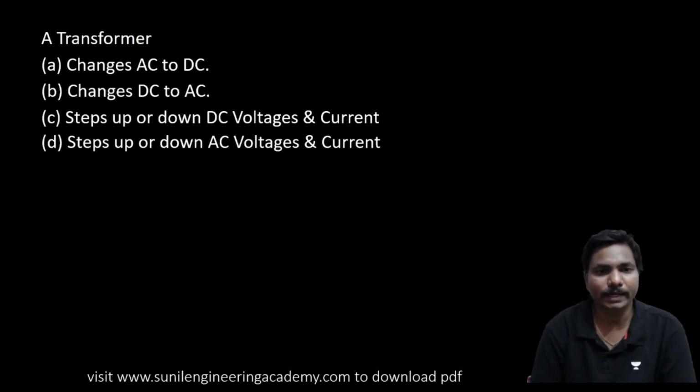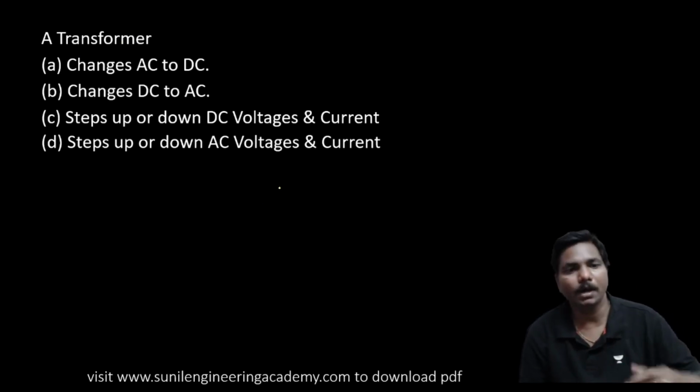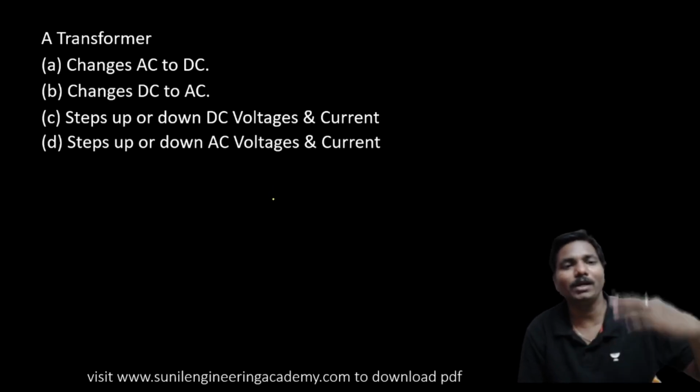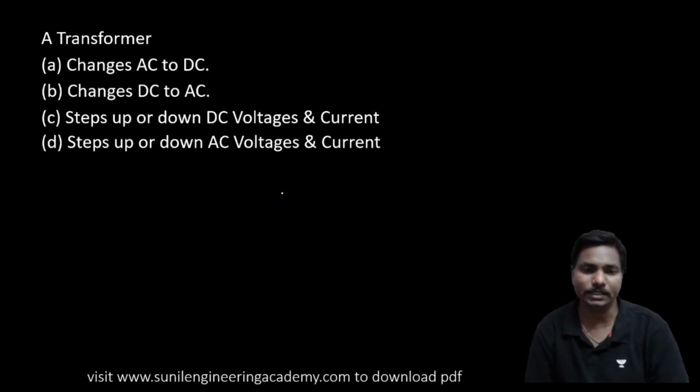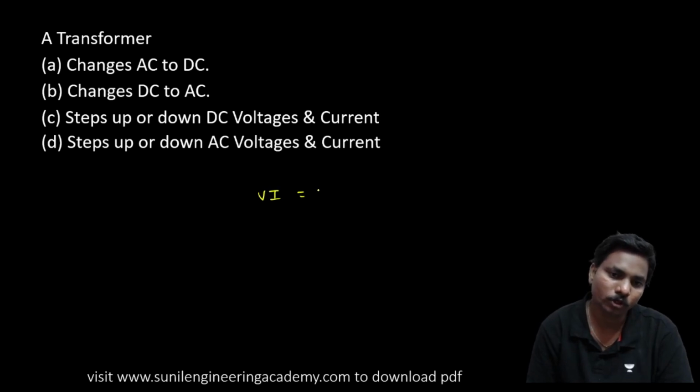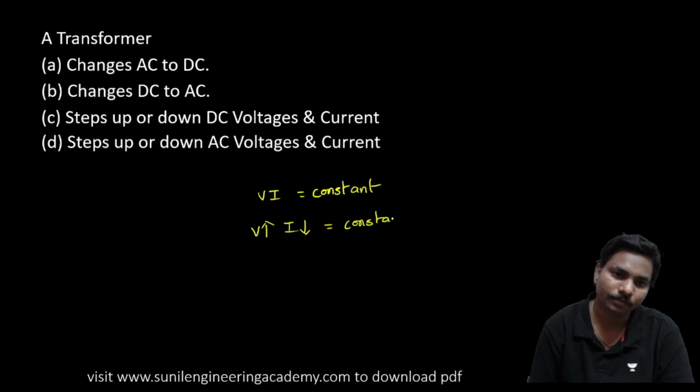A transformer steps up or steps down the voltages. Whenever the voltage changes, current automatically changes. VI is equal to a constant. So if you increase the voltage, current automatically decreases, because it has to be maintained constant.